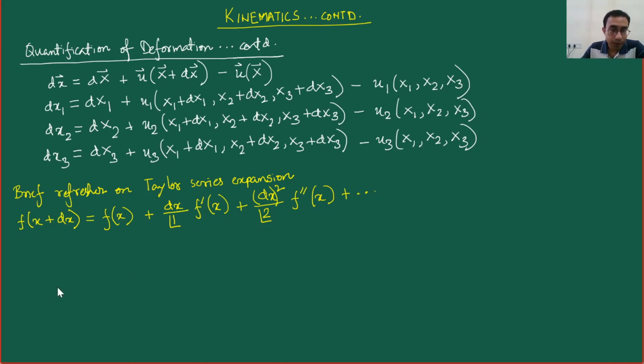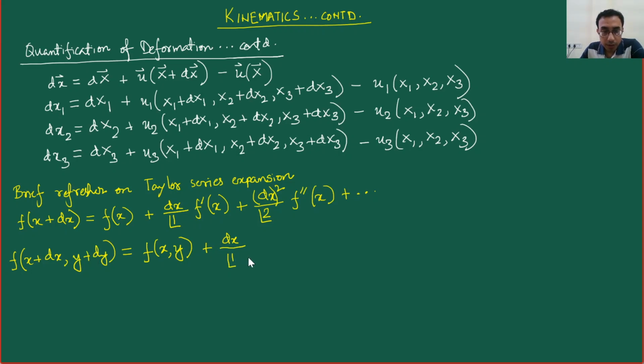But suppose now we have, instead of the dependence on only x plus dx, some kind of a dependence on another variable y. So suppose we have f of x plus dx, y plus dy. Then what? Well, for the first term, as you can imagine, this will be just f dependent on x and y, and then we'll again have the first order term.